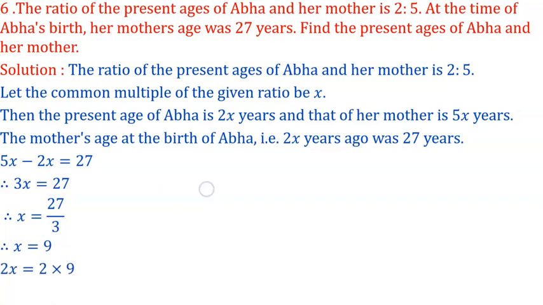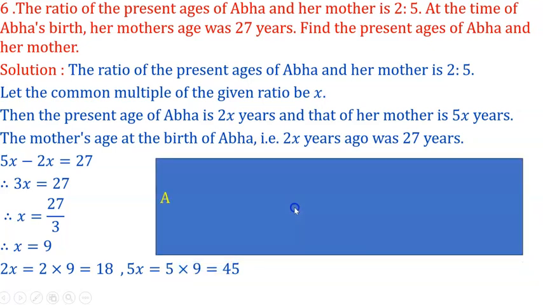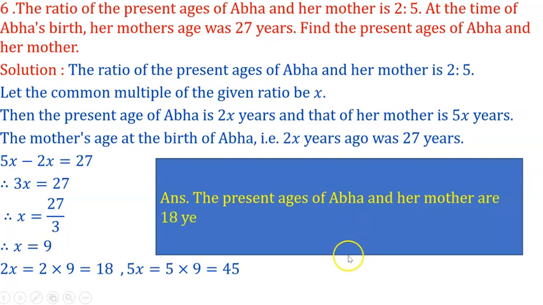Now 2x is 2 into 9, which is 18, and 5x is 5 into 9, which is 45. Therefore, the present ages of Abha and her mother are 18 years and 45 years respectively.